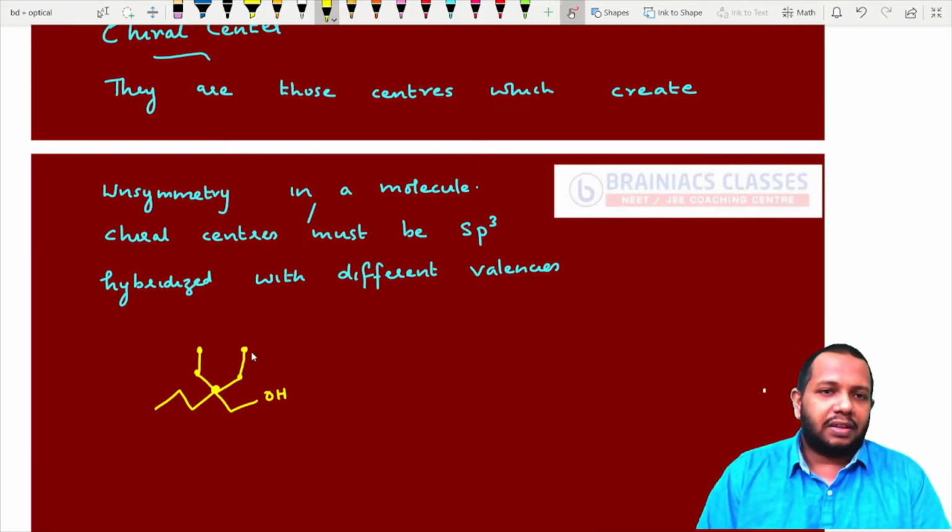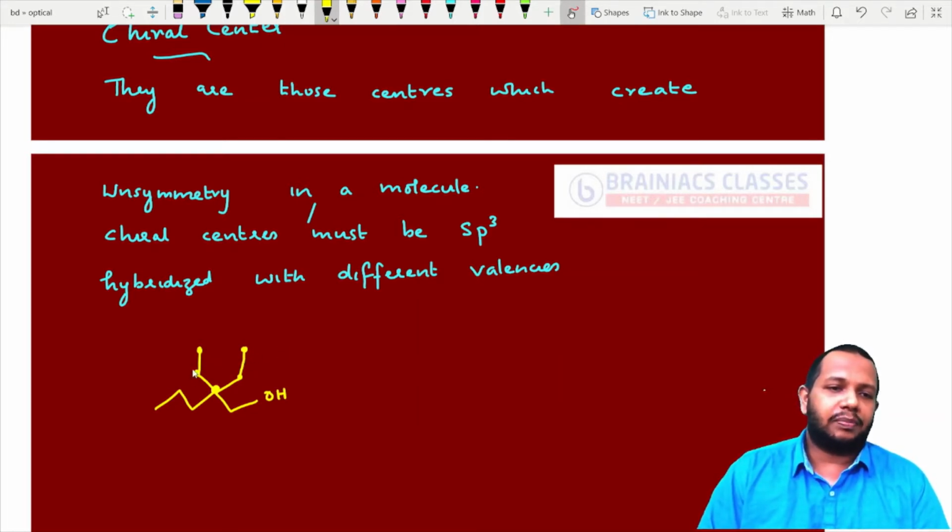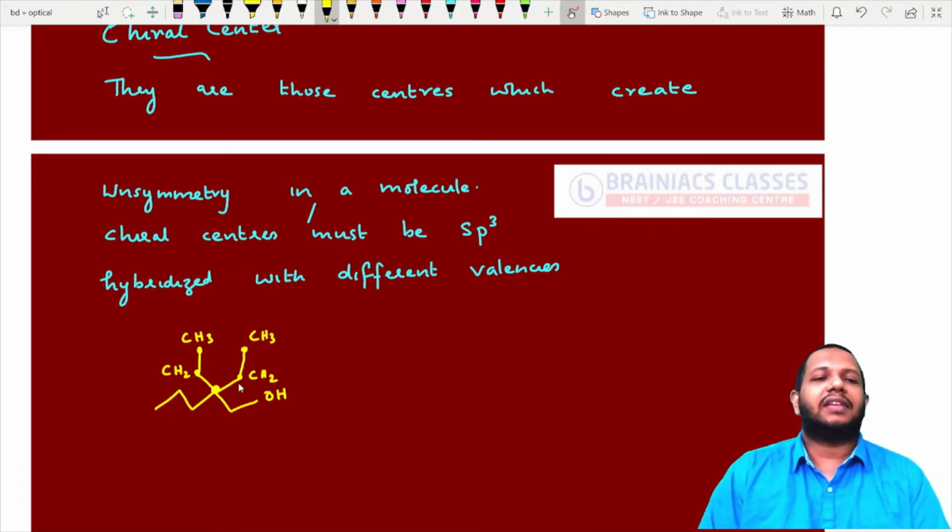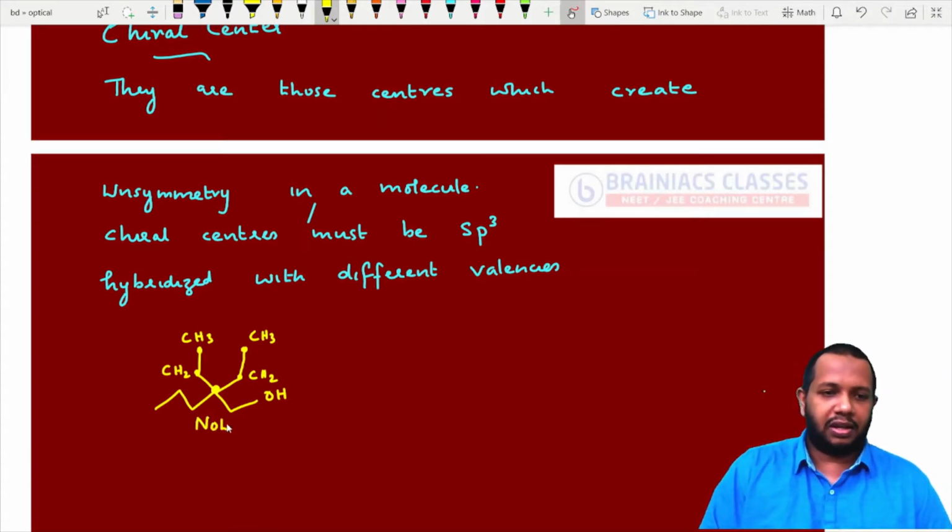So for a carbon to be chiral in nature, its 4 valencies should be different. Now if you see here this is CH2 and CH3. Here also it is a CH3 and CH2, both are identical. So in that case I cannot say this is a chiral center. So I can say it is not a chiral center.